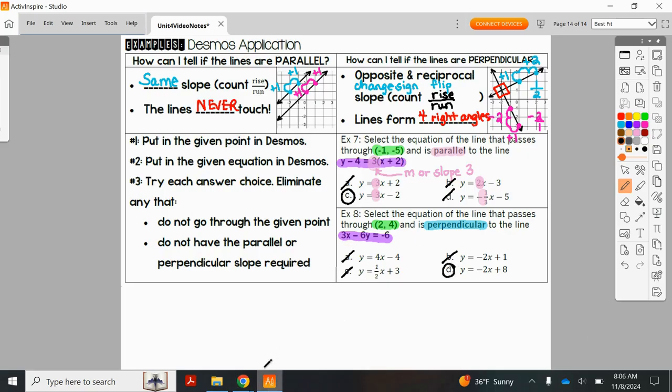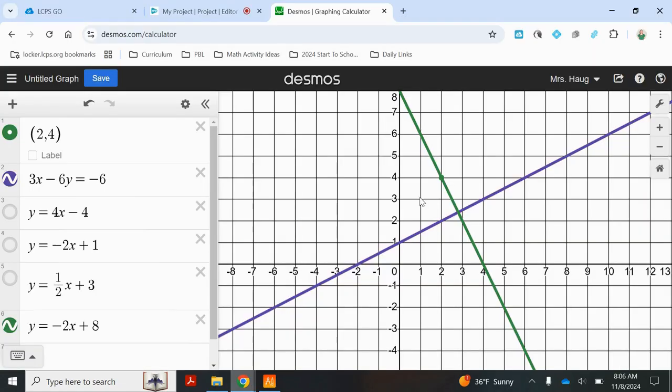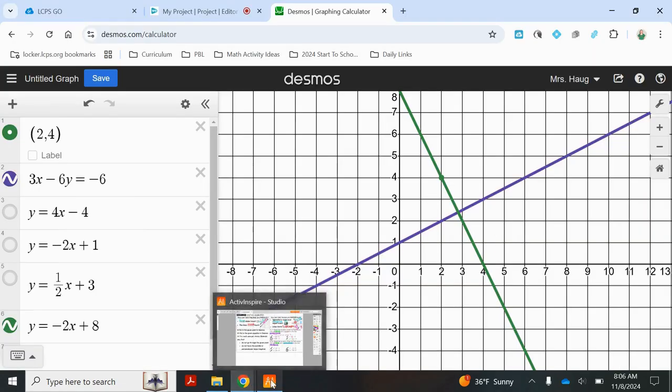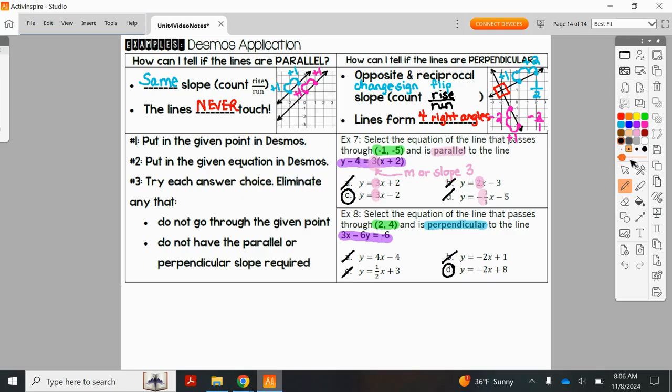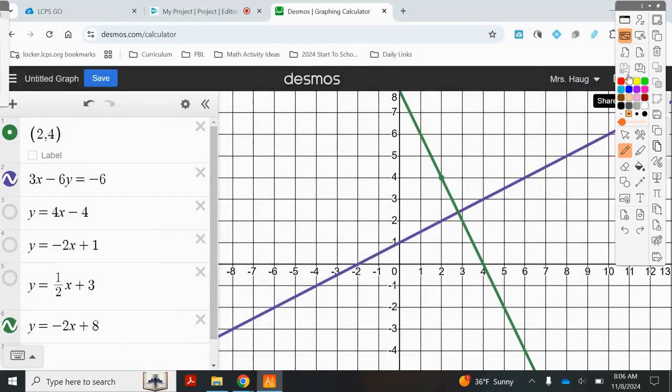If you're still not convinced with the visual, we can go ahead and find the slope of these two lines here. How we count slope is we find two nice points on our graph. So let's do that for the green line. One point's already given to us, and another one is perfectly down here. Counting down 1, 2, to the right 1 is going to make that negative 2 over positive 1 for the slope of the green line.